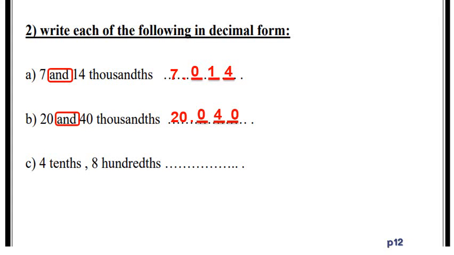Both digits are in the decimal part. So the whole part here is 0. I'm going to put the decimal point, and here tenths, hundredths, so 2 decimal places. 4 is under the tenths, the first decimal place. 8 is under the hundredths, the second decimal place. And the whole part is empty, so we have to put 0 as I said before.